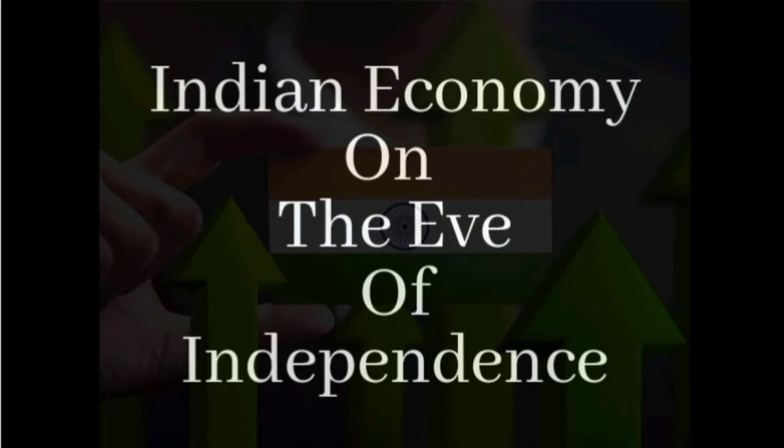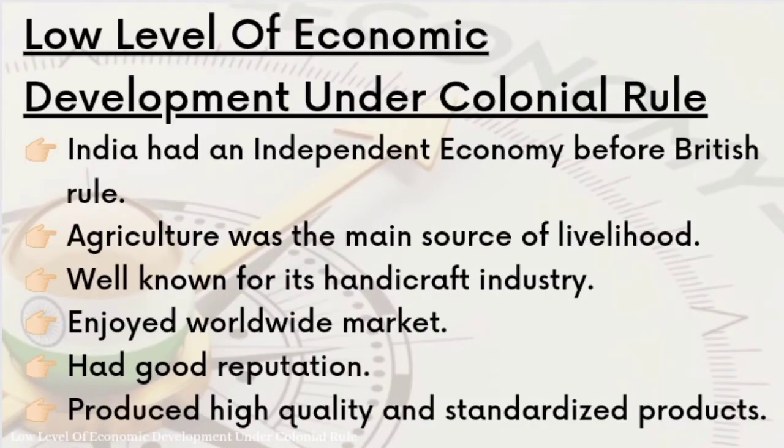We got independence on 15th August 1947, and this chapter discusses the economic conditions of India between 1947 and 1990. So the first topic is the low level of economic development under the colonial rule.